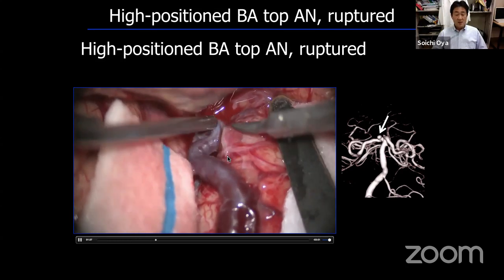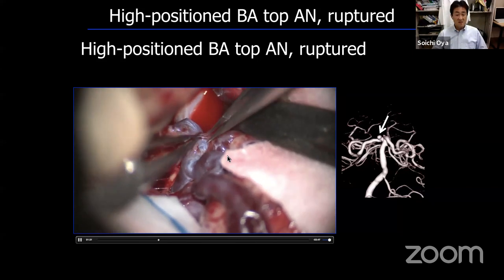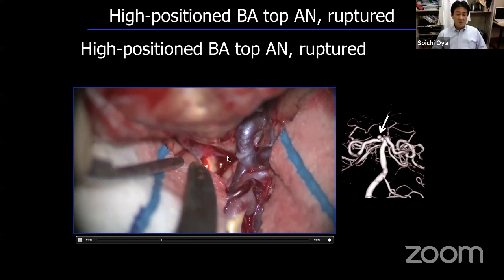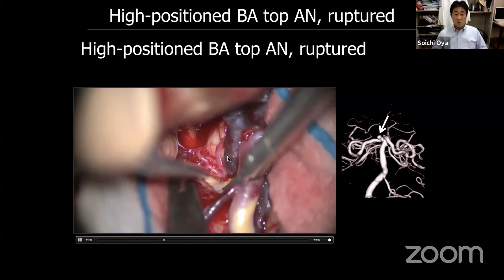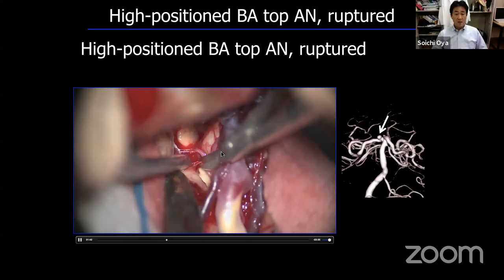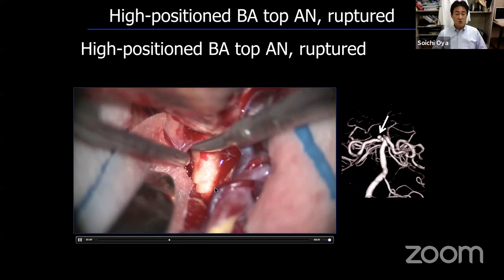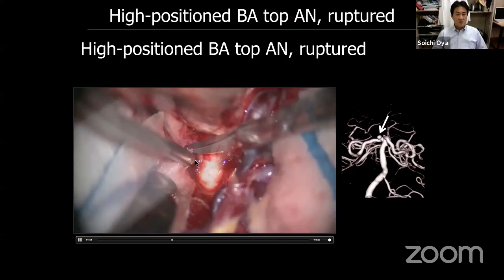Now I'm cutting the thick arachnoid covering the cerebral veins. By cutting this thick arachnoid, I can get this view. This is the terminal view. If you have a correct direction, the M1 should come in the center of your operative field. Now this is the optic nerve.